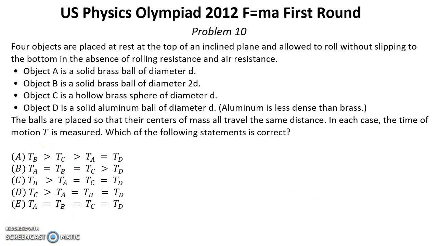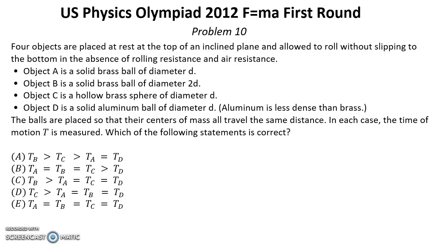Problem number 10. 4 objects are placed at rest at the top of an inclined plane and allowed to roll without slipping to the bottom in the absence of rolling resistance and air resistance. Object A is a solid brass ball of diameter d. Object B is a solid brass ball of diameter 2d.